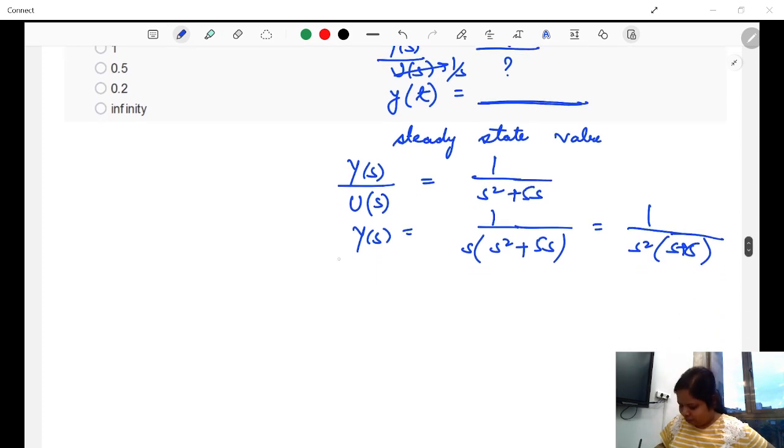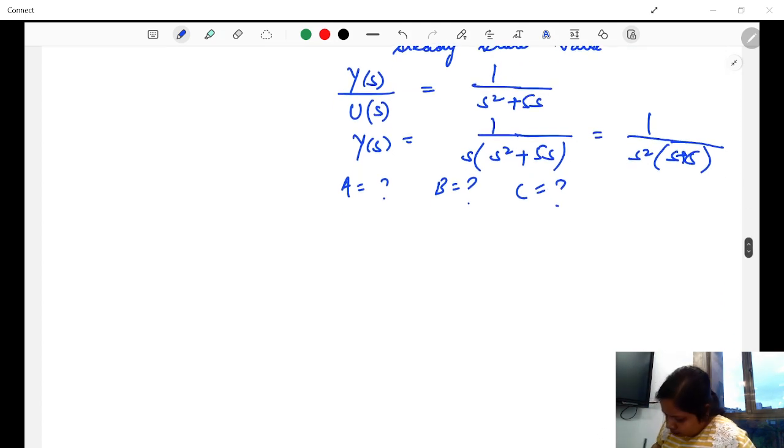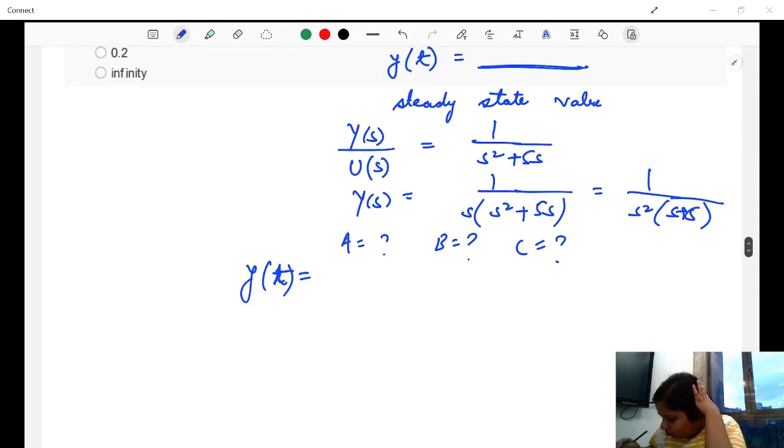When you have this, you might have found out what is A, what is B, and what is C. When you found out, what did you get? After taking the Laplace inverse, what was the time response? Oh, no one used this method.